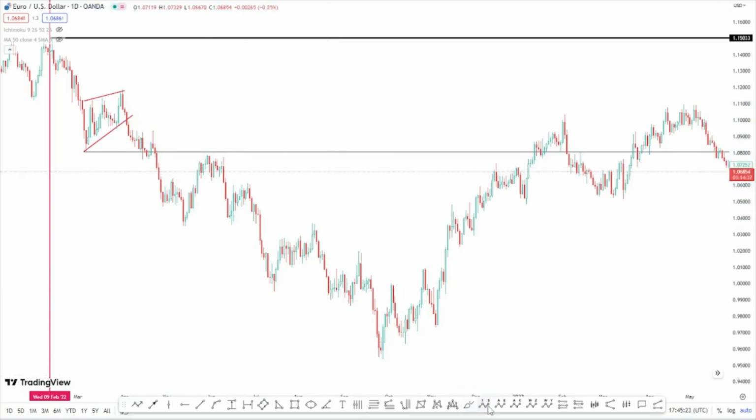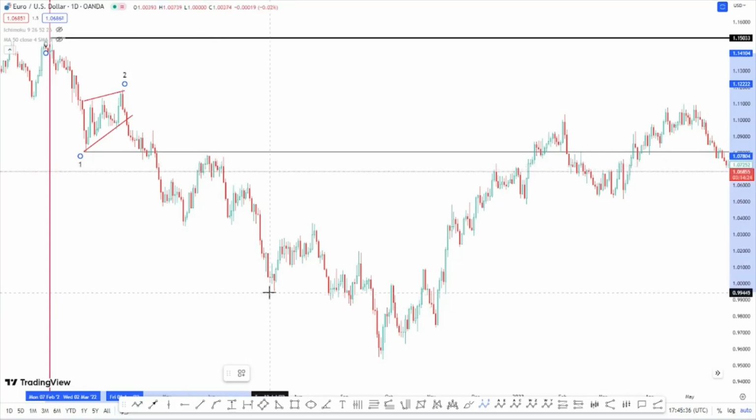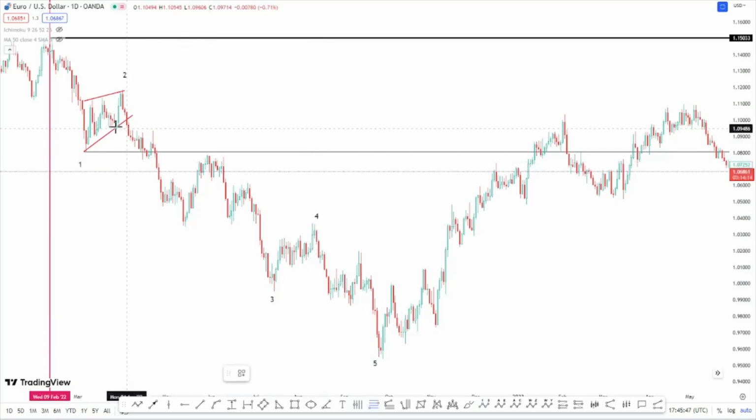We're going to start over here at 0, and then 1, 2, and then we ignore this because the turning point is at 50%, not 38.2% or 23.6%, but it went beyond both of those percentages. So 1, 2, 3, 4, 5, as you can see.